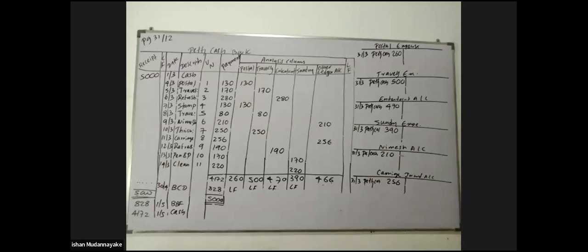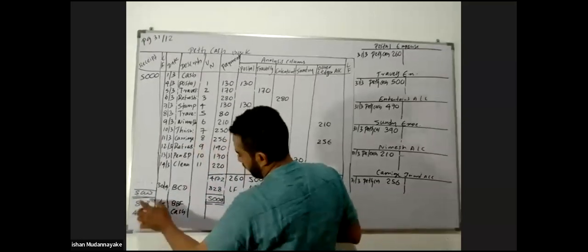Where's that? Passer. Passer here. Right. 5,000 you need to write down in the same row.